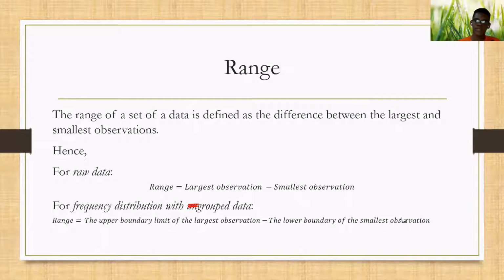That's your first class. Right? So you take the upper boundary of the last class interval and subtract it by the lower boundary of the first class interval. That's another way to think of it. Right? That is it concerning calculating ranges. You look at the largest observation subtracted by the smallest, plain and simple.